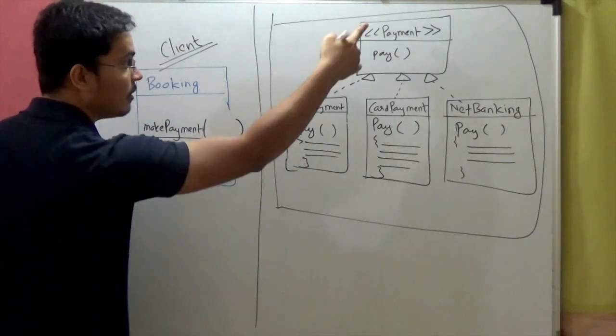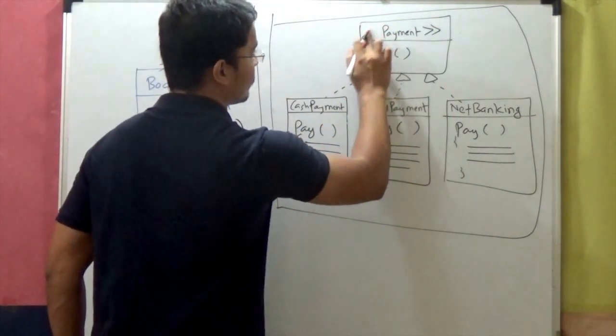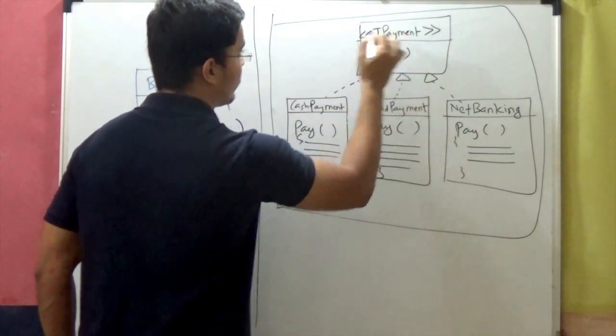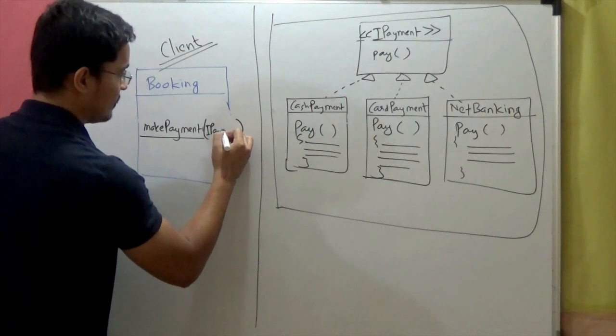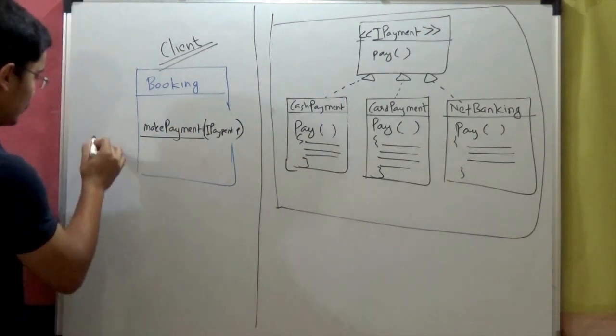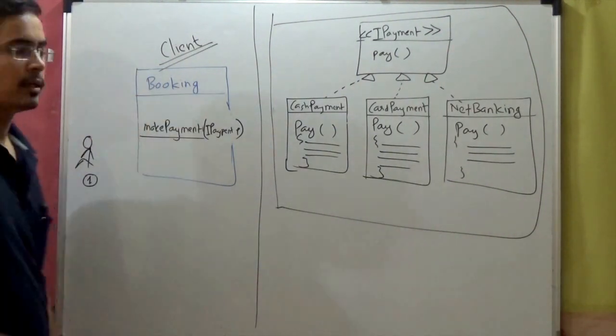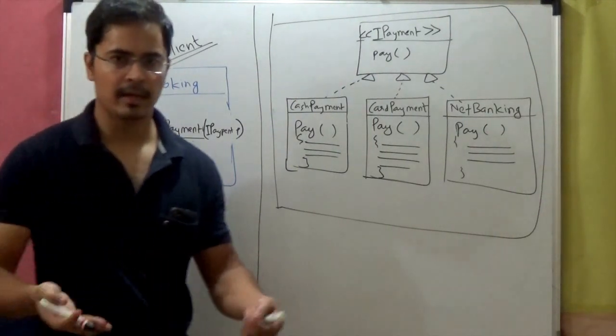So in make payment, we'll have an I payment interface, and it will require an instance of I payment. Let's say user 1 who is doing booking wants to do card payment. At runtime, he has this option.